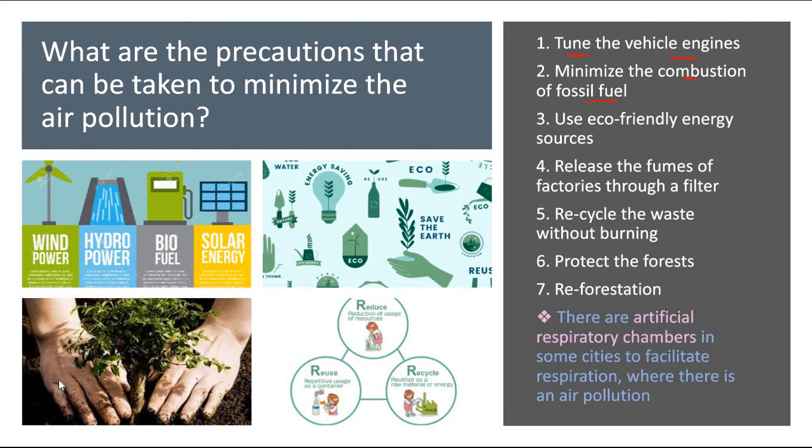Also, there are these various factories releasing various chemicals and poisonous gases. If we can simply fix filters, or release the fumes through a filter, only the not so harmful gases are released to the atmosphere after filtering all the poisonous gases. This will also help minimize air pollution. Another thing we can do is recycle waste without burning it.